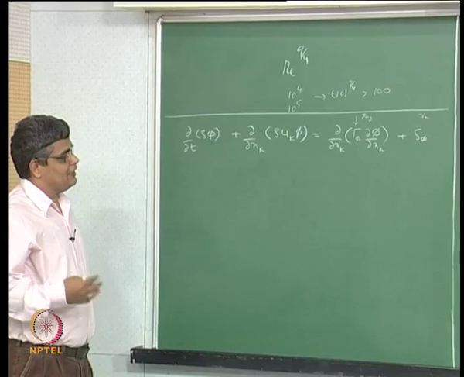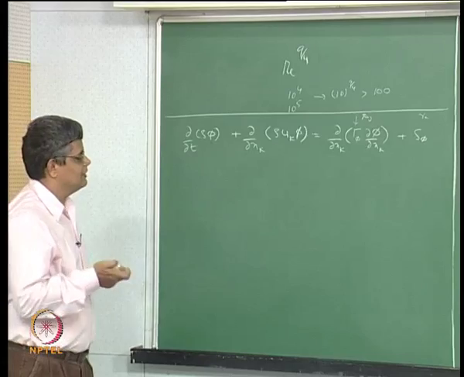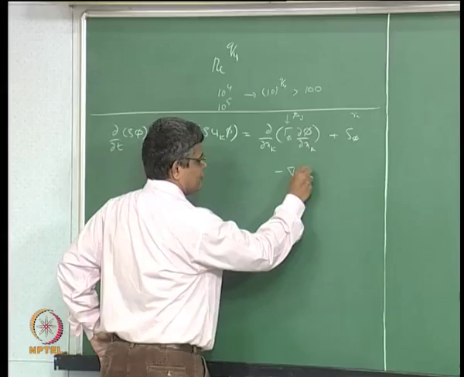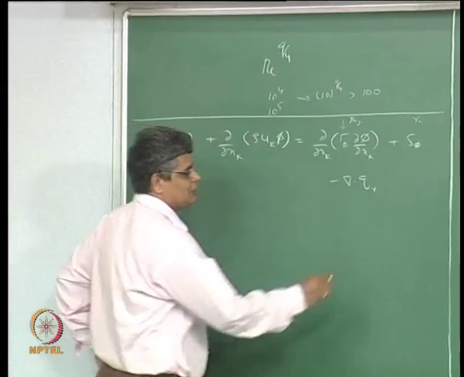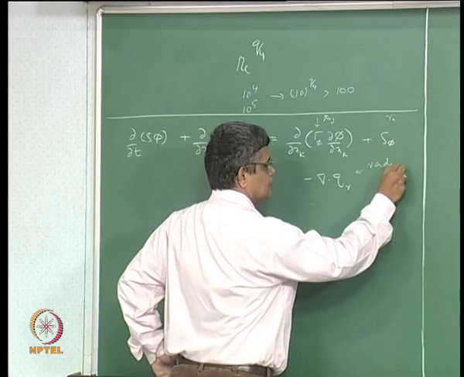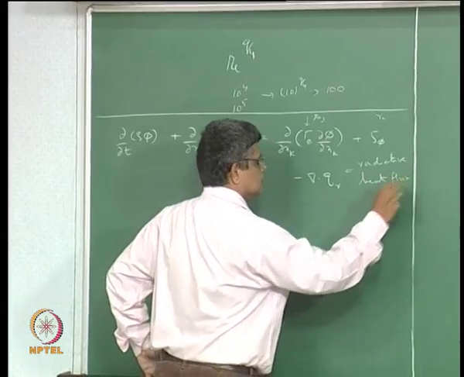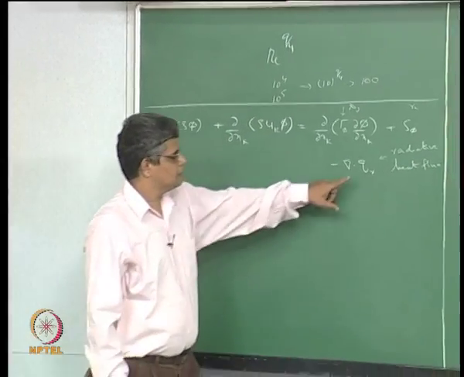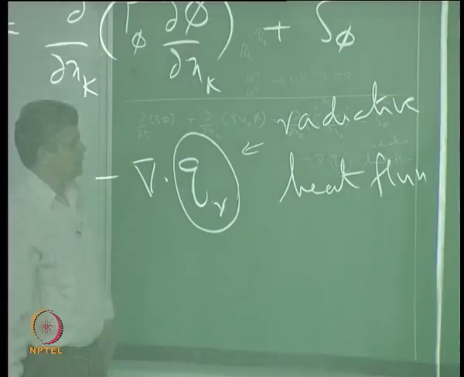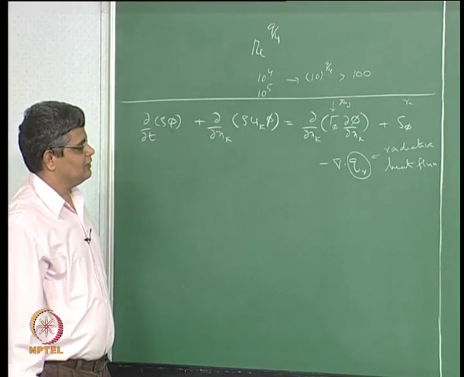And for the case of even radiative heat transfer, we can add some minus del dot Qr, where Qr is the radiative heat flux. Okay, so Qr here is the radiative heat flux, and the evaluation of Qr is also done using a number of models, using a number of different approaches.